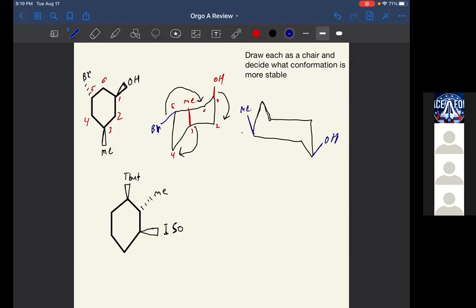And now this one is actually in axial. So for this one, like I said, you only look at the axials. So you would have methyl interacting with OH. And then for this one, you would only have bromine. And if you remember that chart that I said, you use the same chart as you did for the Newman projections.